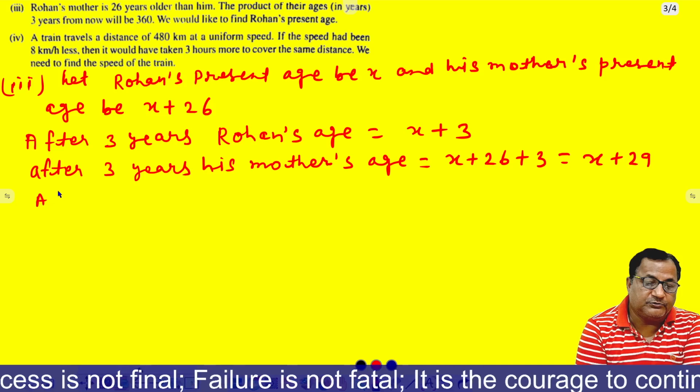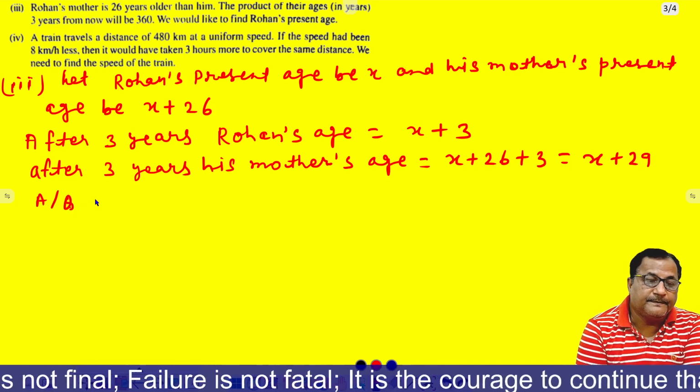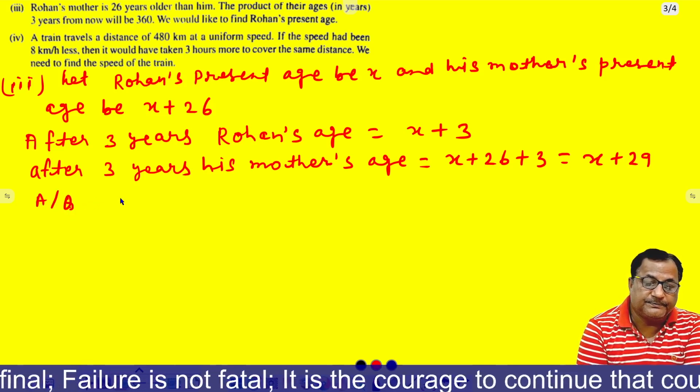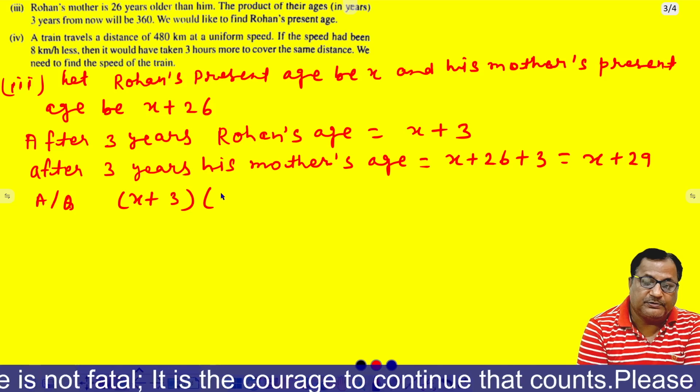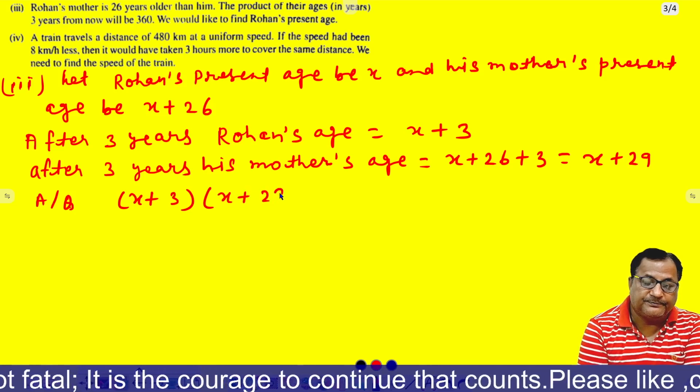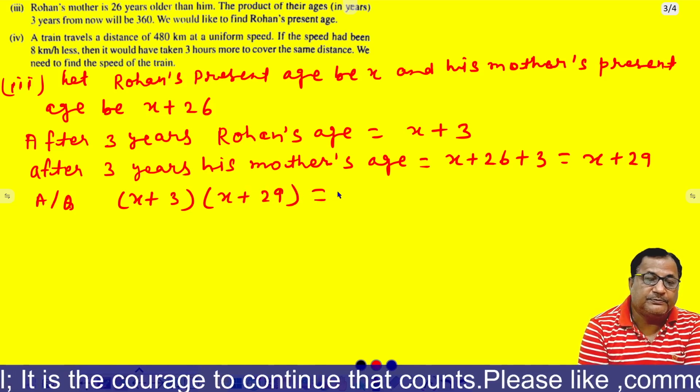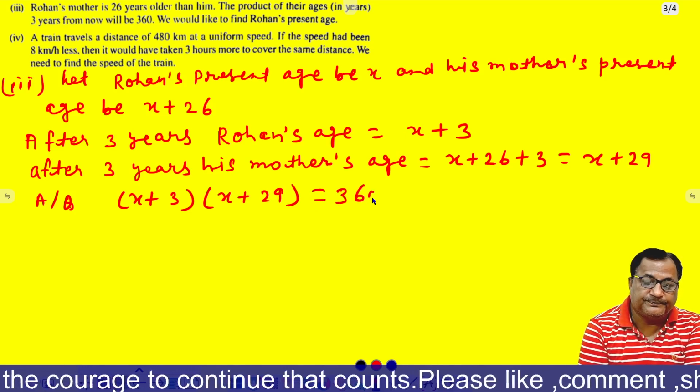So according to the question, product means x plus 3 into x plus 29 is equal to 360.